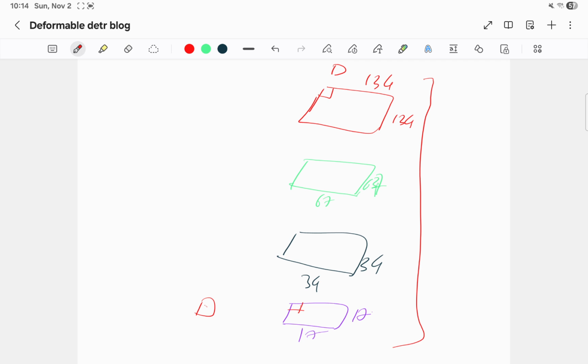But this is a bit difficult for DETR, because in DETR they were flattening the features. Say this is 256, the channel dimension, and this will become 134 by 134.